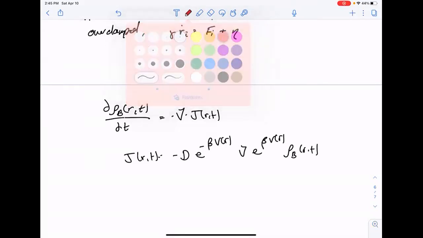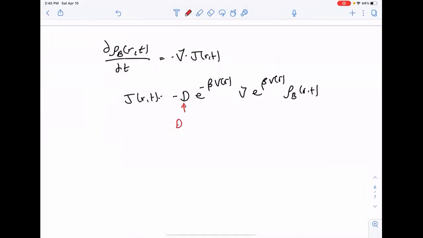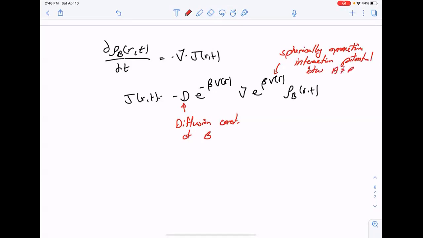Where here D is the diffusion constant of B, and V of R is dependent only on R, so it's assumed to be some spherically symmetric interaction potential between A and B. Some effective intermolecular interaction mediated by potentially the surrounding solvent, could be complicated, long or short range, but convergent if we do its integral.